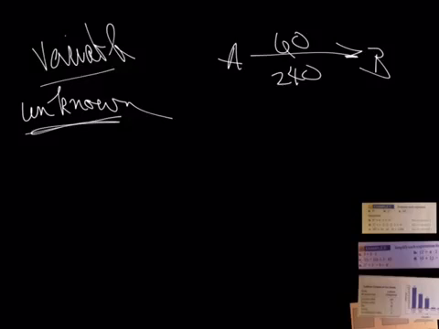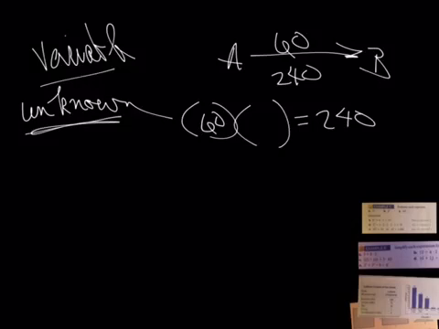So if you take 60 miles an hour times the amount of time it's going to take, it's going to be 240 miles. So 60 miles an hour times how many hours you drive equals the distance. You could put a question mark there.